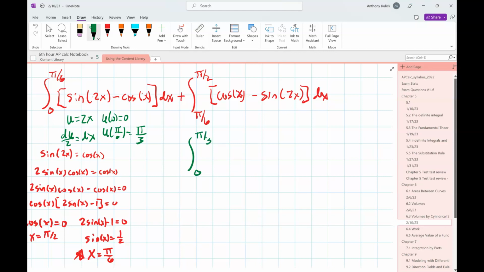So it'll become the integral of 0 to pi over 3 of sine u du, and I'll put the 1/2 out front. But I'm not going to change the bounds for the cosine one, because I don't need a u substitution there, so I'm just going to distribute the integral as is.